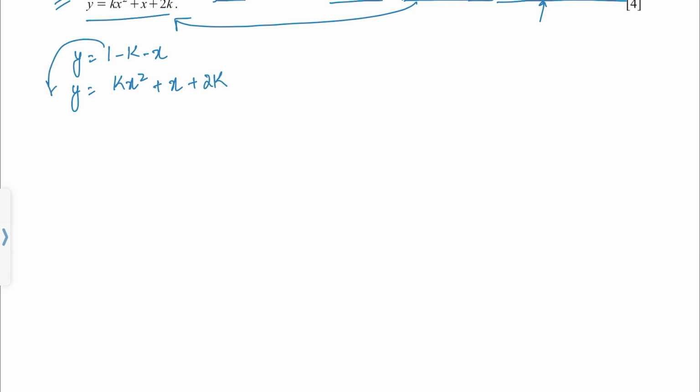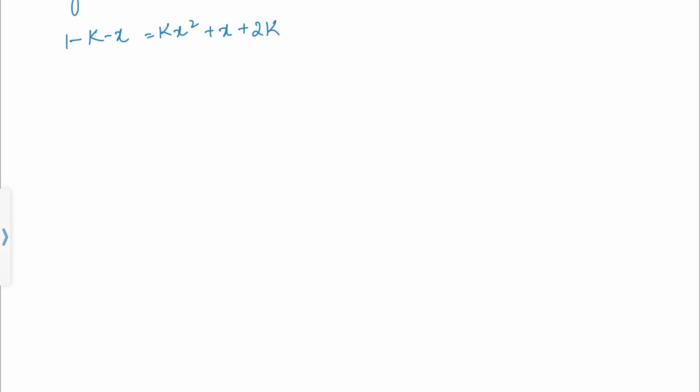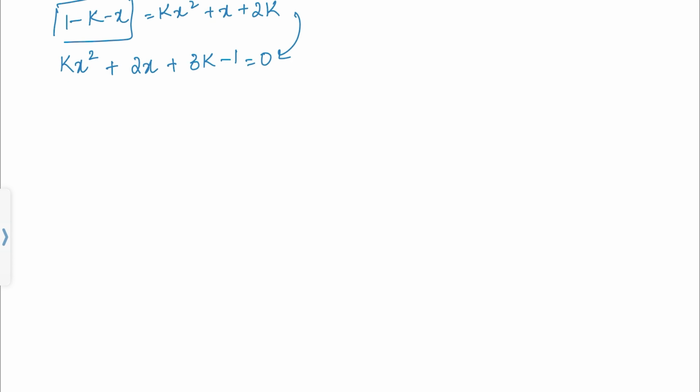Then we'll substitute: 1 minus k minus x equals kx squared plus x plus 2k. Shifting the variables, we get kx squared plus 2x plus 3k minus 1 equals 0.